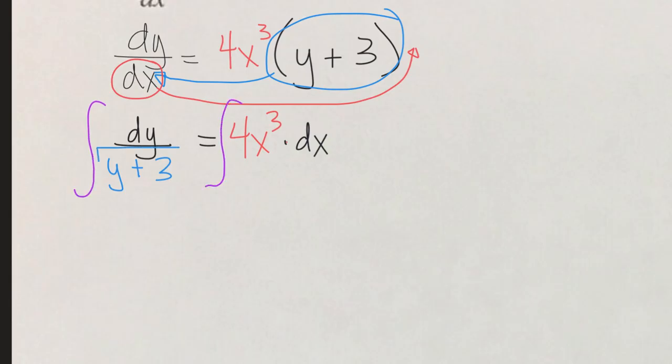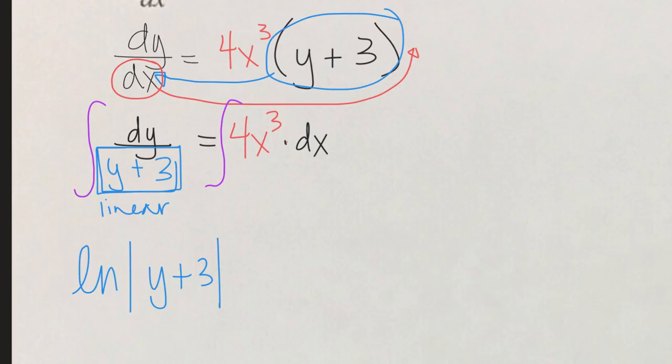Here we have our 1 over a linear equation. What does 1 over a linear antiderive to? A natural log. Excellent. Now, if there were a coefficient in front of y, then it would be 1 over that coefficient out here.